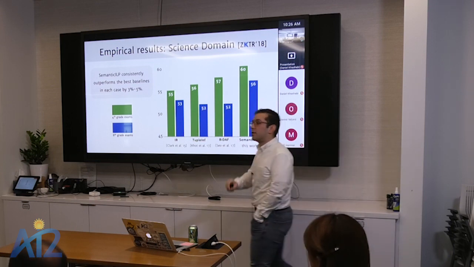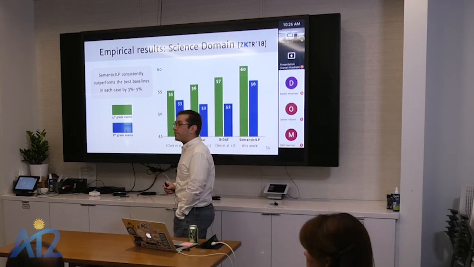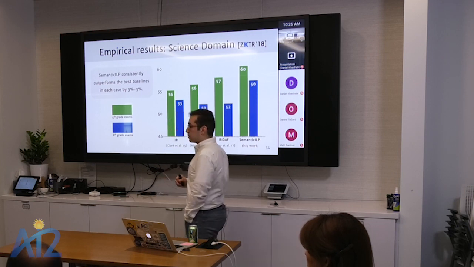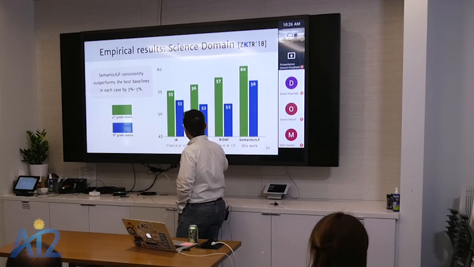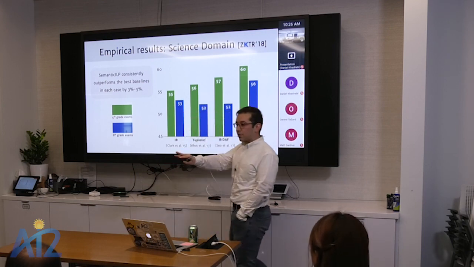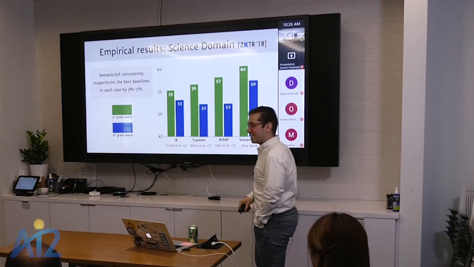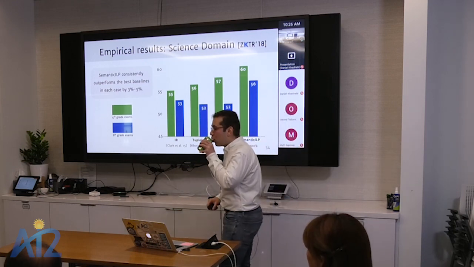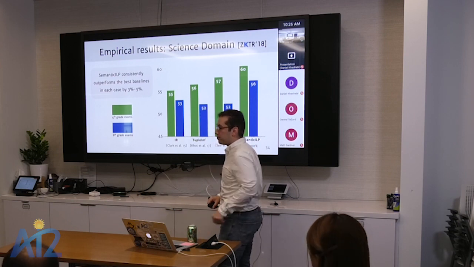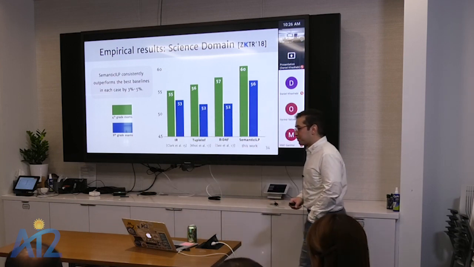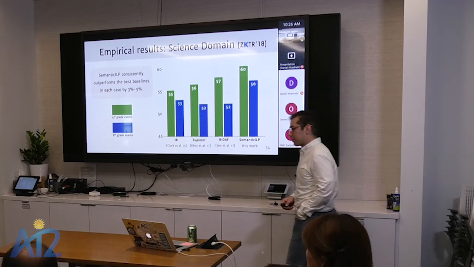Do you have any intuition of why IR works better than BiDAF or the inference model on the exam? I think Peter Clark might have better intuition here. I think probably the difference here is sort of small. They're both performing approximately the same. The two others are using supervision.